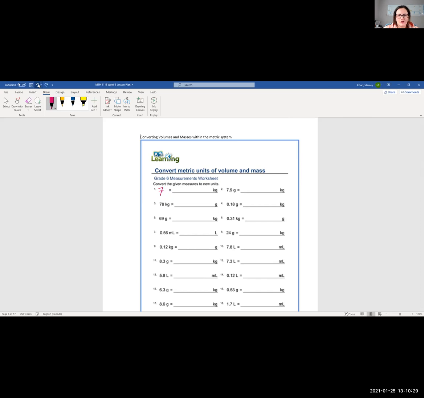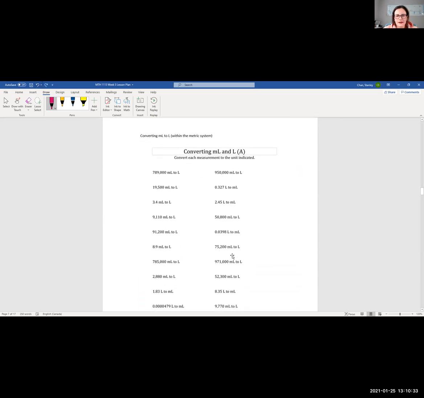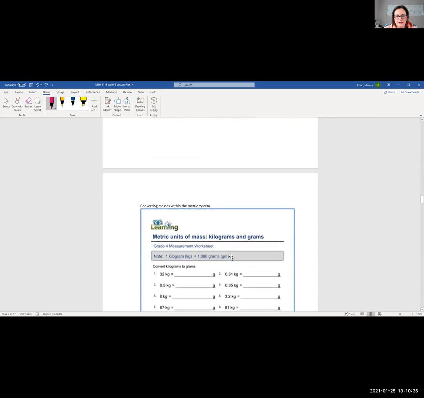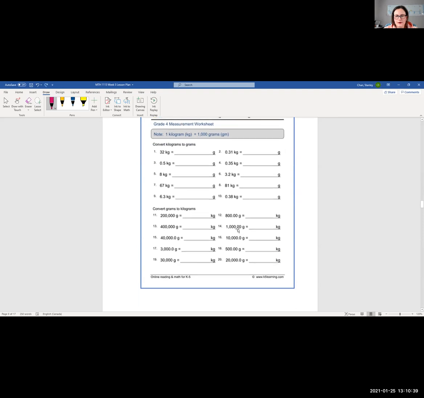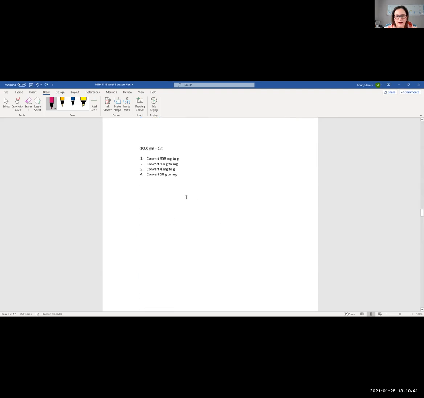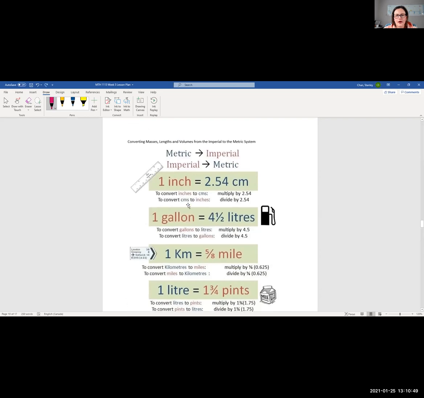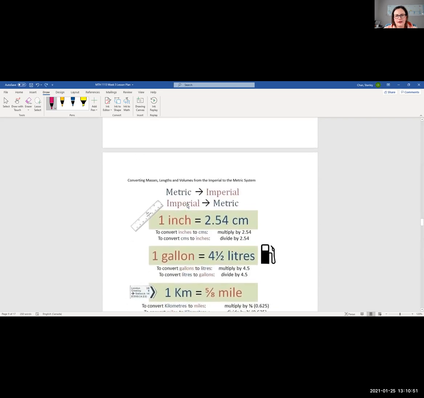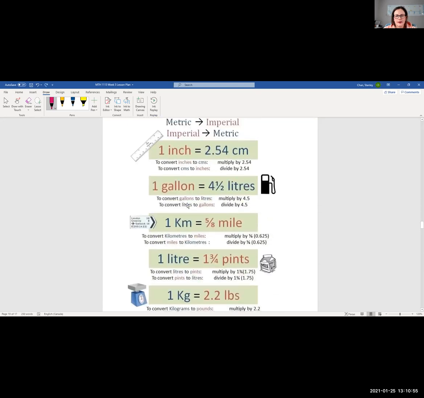So it's 79 grams. Let's see, what else do I have? I have milliliters to liters conversions. I have kilograms to grams conversions. I have milligrams to grams. So that's a fair assessment right there. Then we have, okay, this is getting a little bit more complicated. The metric to imperial system. All right.